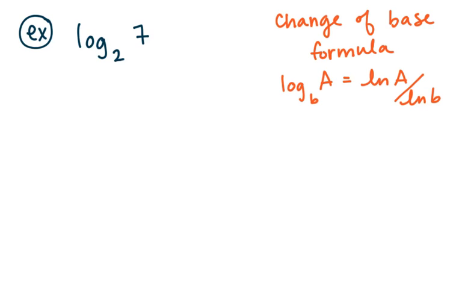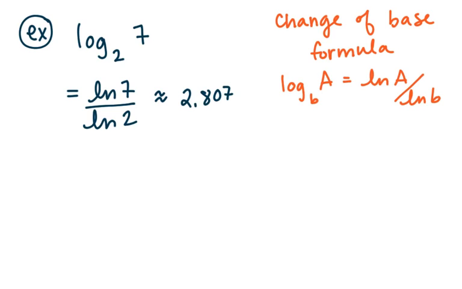So in this example, I would type natural log of 7 over natural log of 2. And when I type that in my calculator, I get 2.80735. The decimal keeps going, but we could just round that and say approximately 2.8.